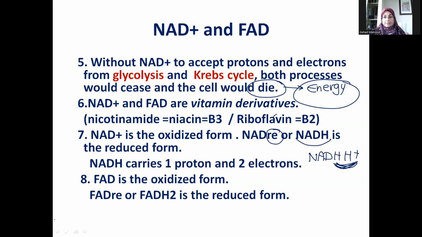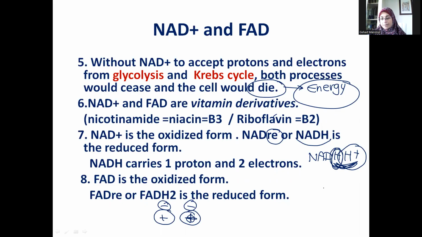It's clear that FAD carries the two hydrogen atoms as a whole, meaning that it carries two protons and two electrons. But for NAD, it's different because NAD will carry one proton and one whole hydrogen atom only.